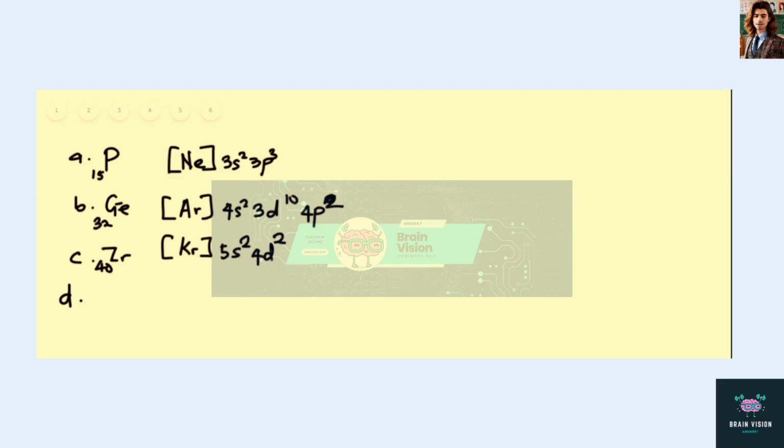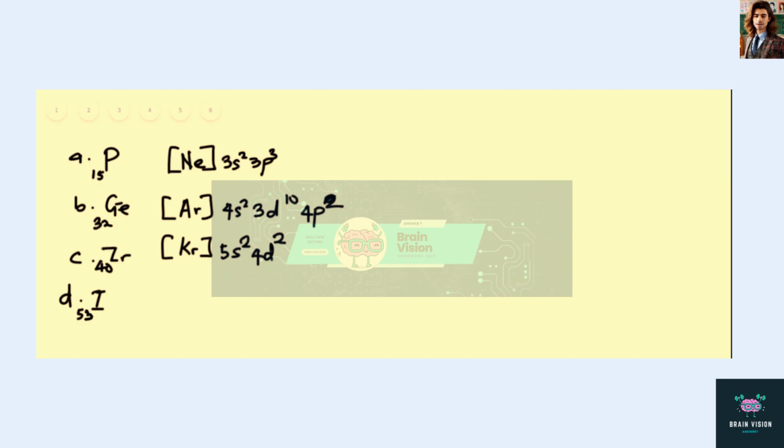The next one here is iodine. Iodine is the 53rd element, so the atomic number is 53.